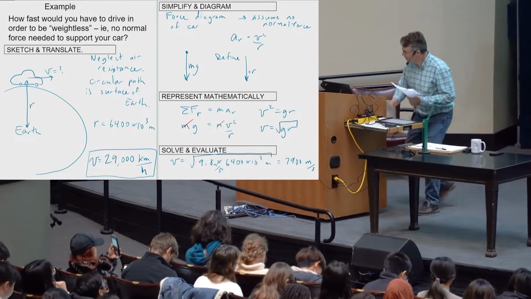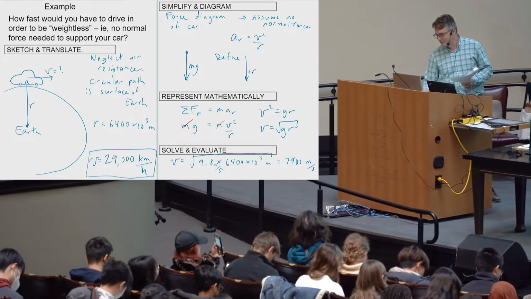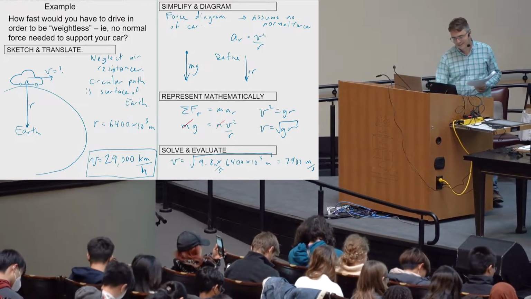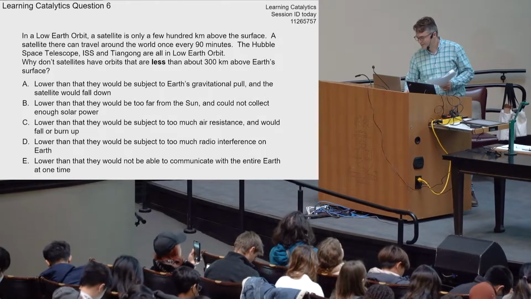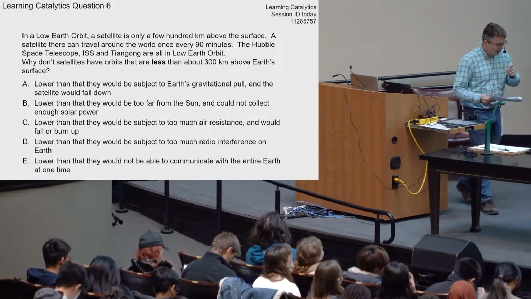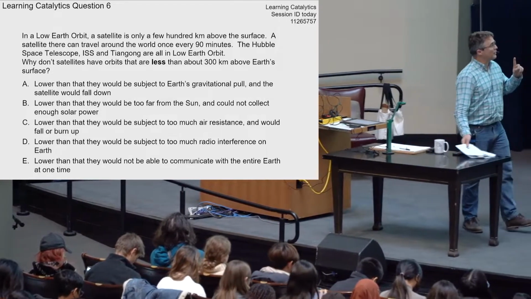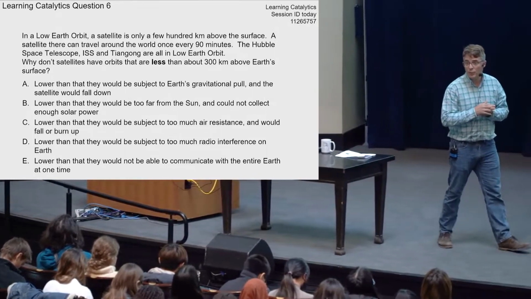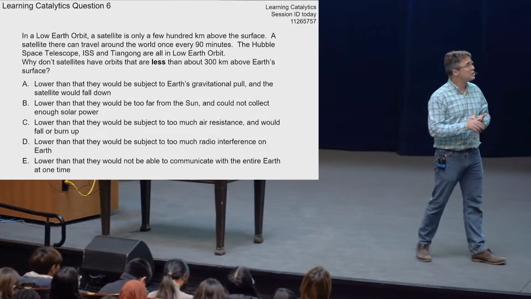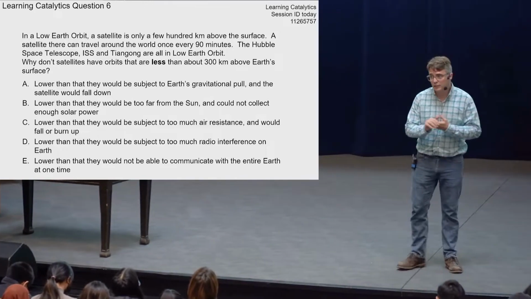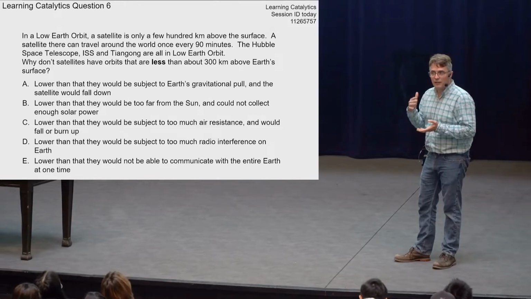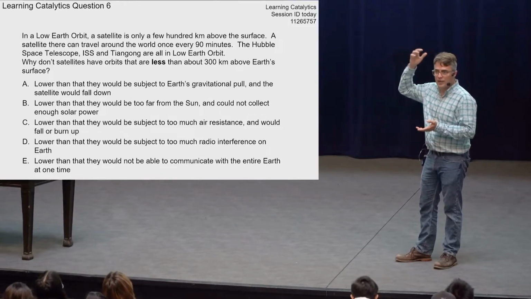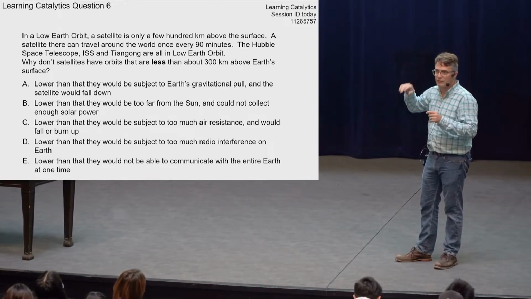So here's another Learning Catalytics question. I don't know what you guys think about this. This all seems maybe a little pie in the sky. But let's think about low Earth orbit. The Hubble Space Telescope, the International Space Station, this new Tiangong, they're all in low Earth orbit. And they all seem to have altitudes above 300 kilometers, but less than around 500-something.